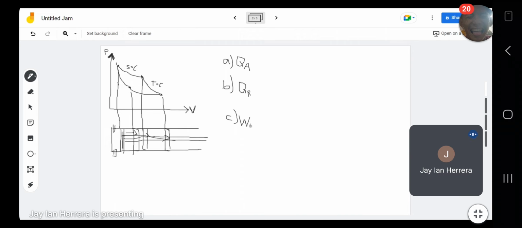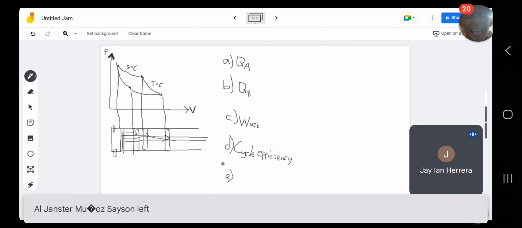Hindi na ito yung PdV. Next is our cycle efficiency. Next is mean effective pressure.